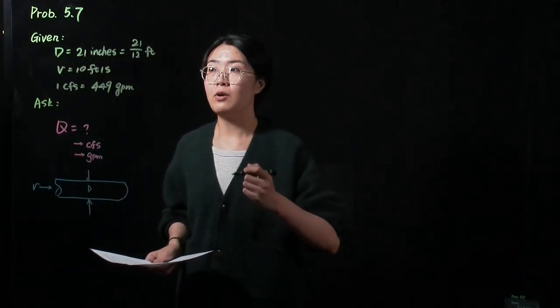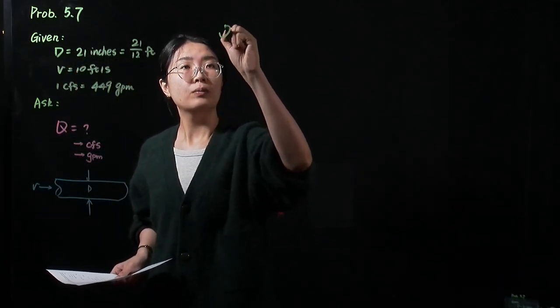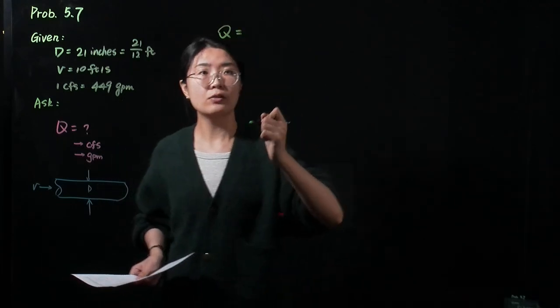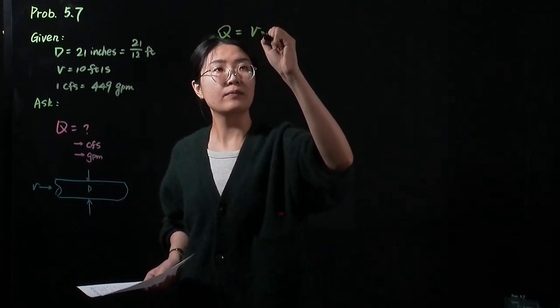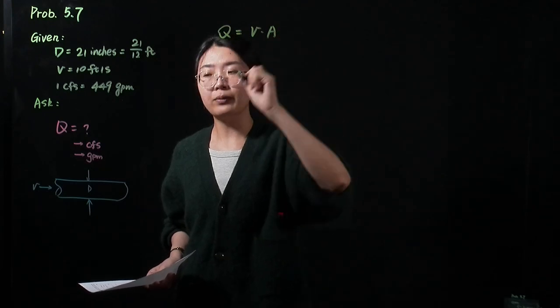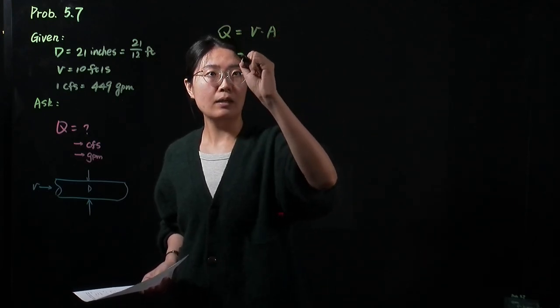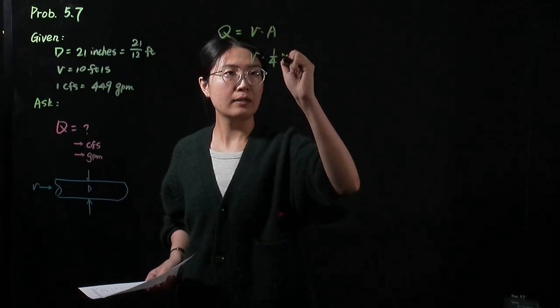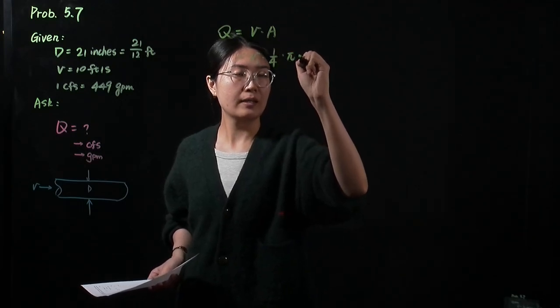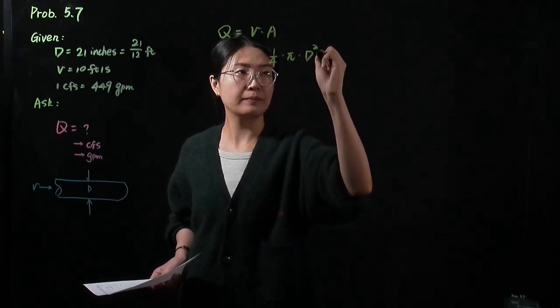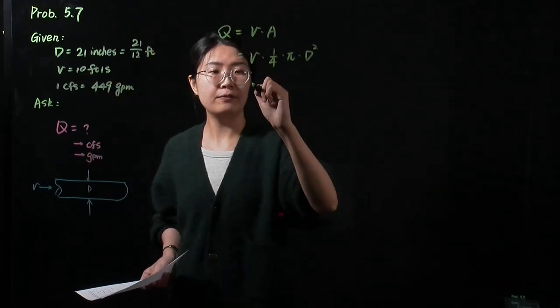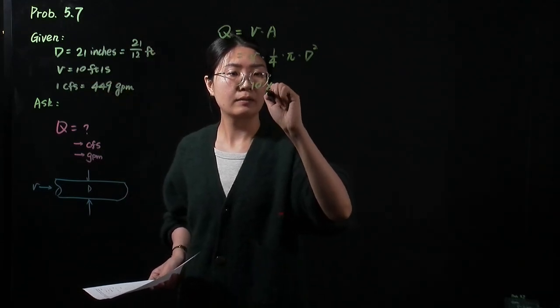So to solve this problem, we need to use an equation. The flow rate equals the velocity times the area. And we know the area equals 1/4 times pi times d squared. The velocity is 10 feet per second.